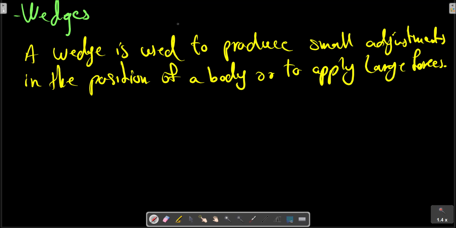Wedges largely depend on friction to function.